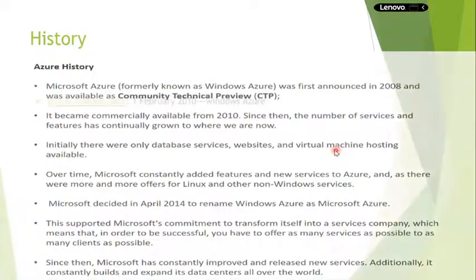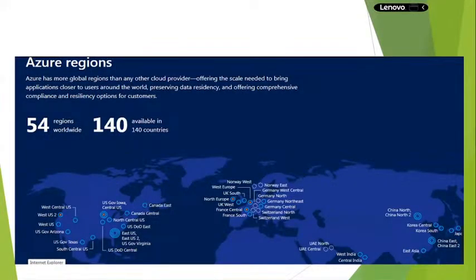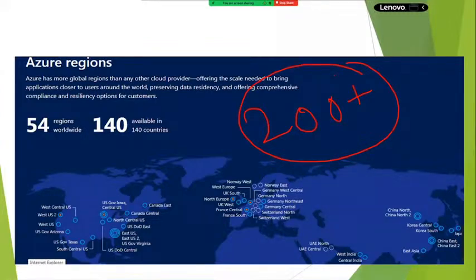Okay, I am telling why Microsoft Azure, why not AWS. Microsoft has around 200 plus data centers, guys. Around the world, they have 200 plus data centers. No other cloud has this many data centers.